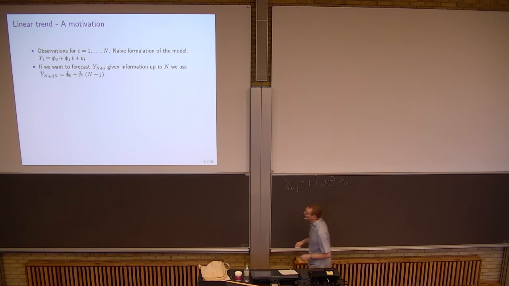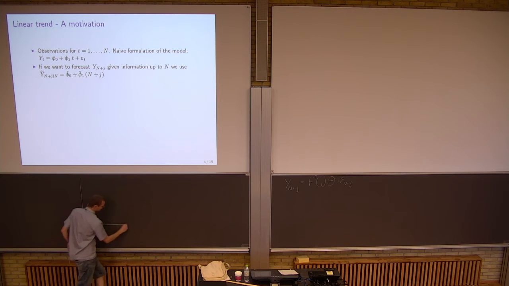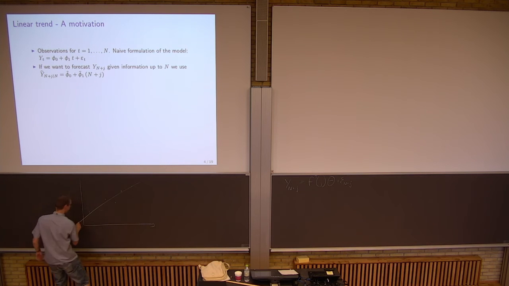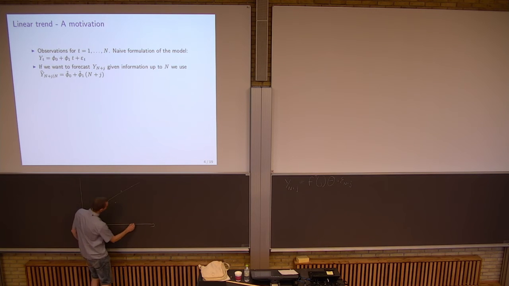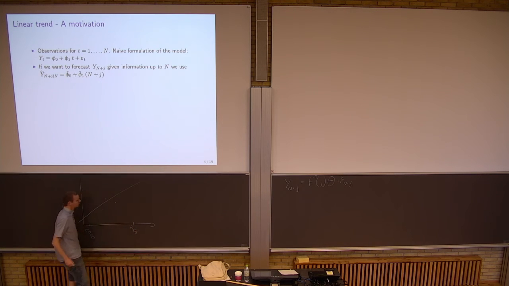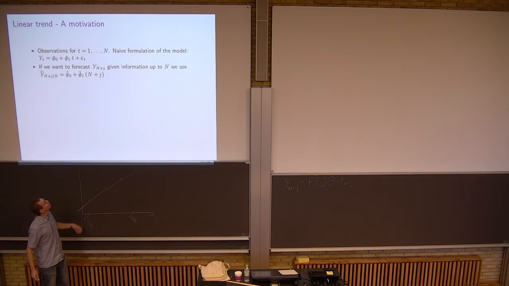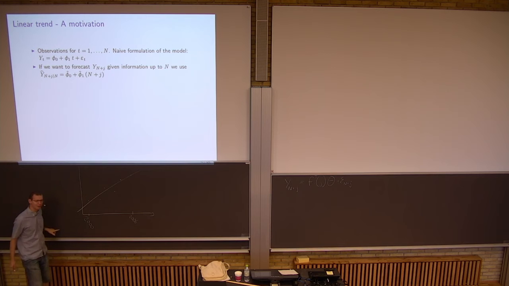So the intercept is, you can say you have some point, and let's just say we fit the line. Now, if this here is year 2000, and this here is 2006, then if you have the naive notation, the intercept here might be negative.